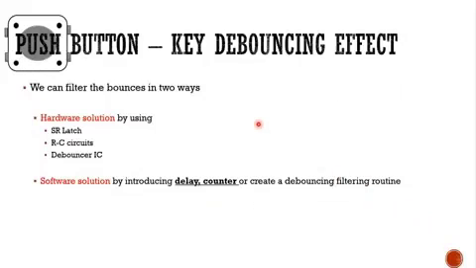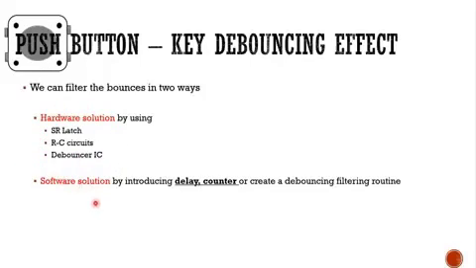So how do we solve this problem? Through hardware, we have three options. The first one is building an SR latch. The other one is an RC circuit, and the last one is a debouncer IC. Before we look at the first one, that is for the hardware solution.